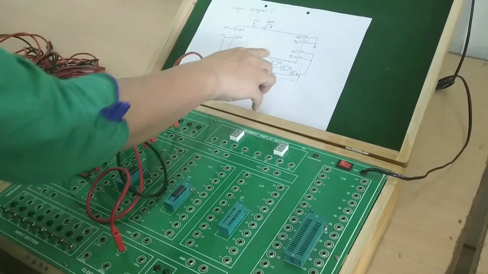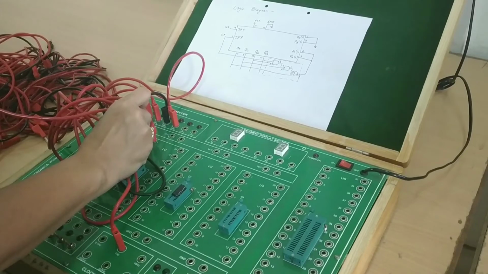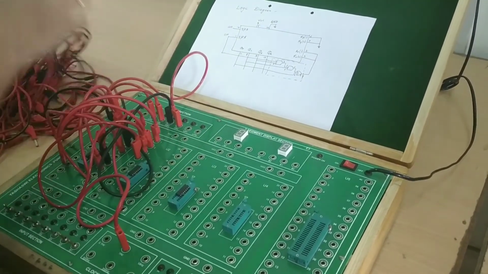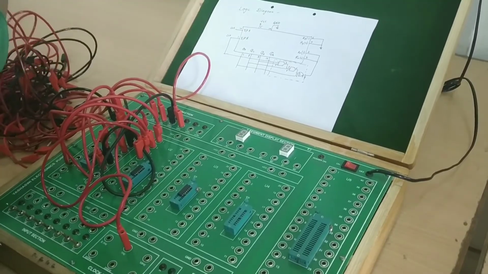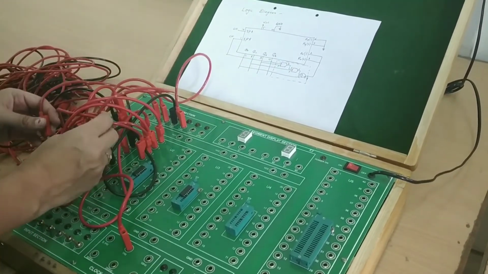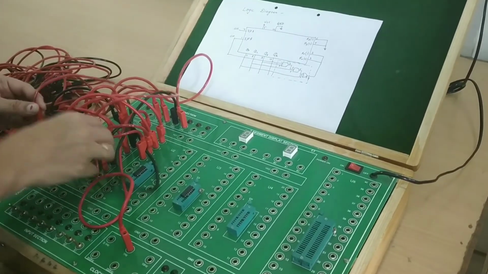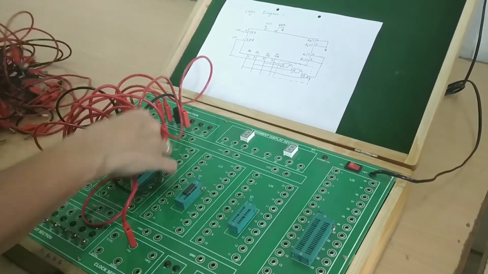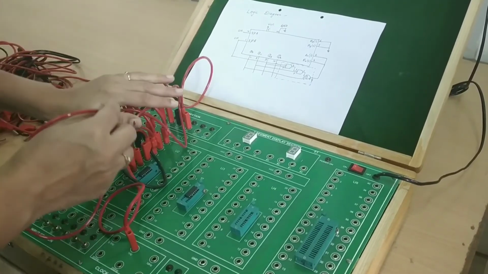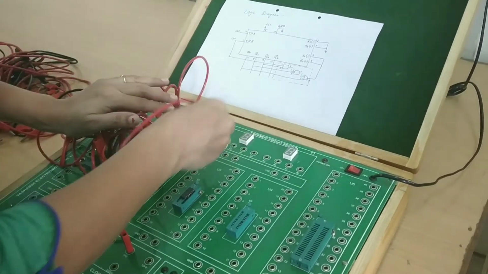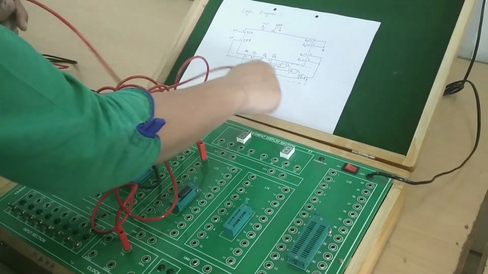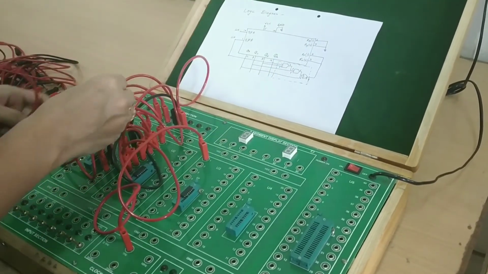Pin 3 is the output of the AND gate, which is connected to AND gate pin number 4. Then pin number 5 is connected to QC, pin number 8. Then 6 is the output pin, right? That goes to OR gate pin number 1. Pin number 2 is connected to QD, that is pin number 11.